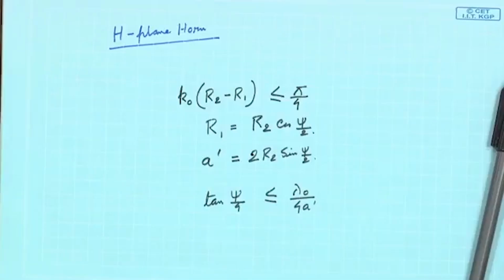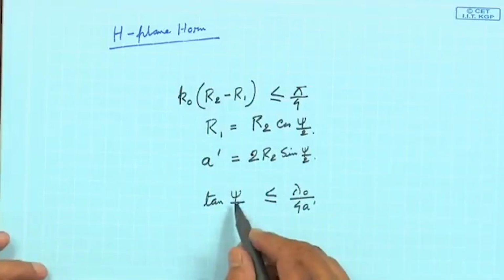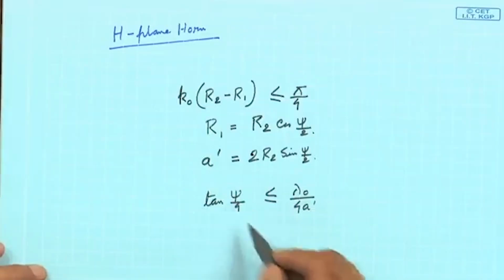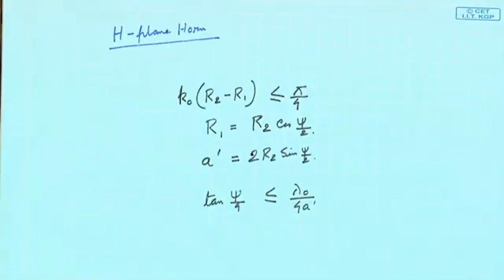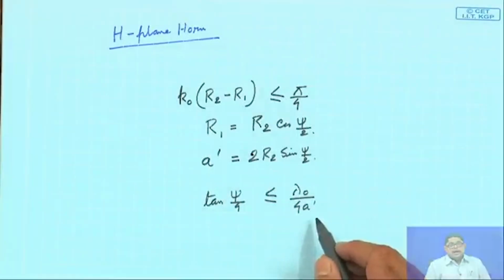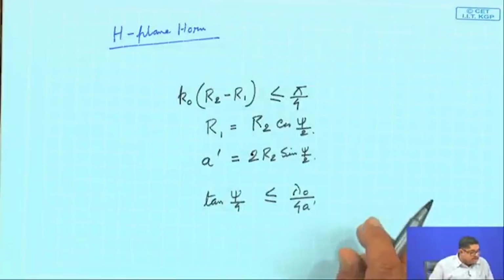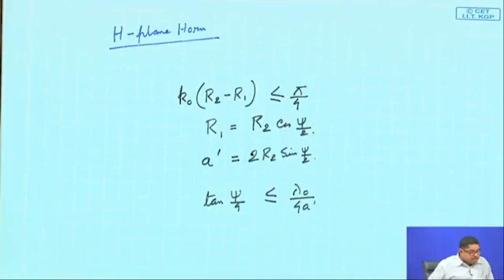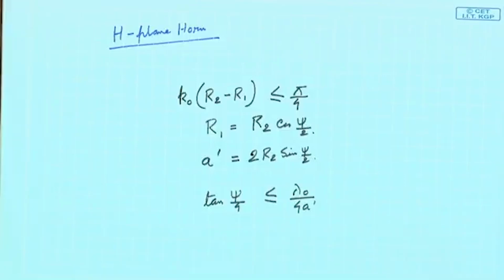So it is seen that the maximum value of the flare angle is inversely proportional to the horn's dimension, the horn size. We said that our main motivation for coming to horn is that we want a large aperture.